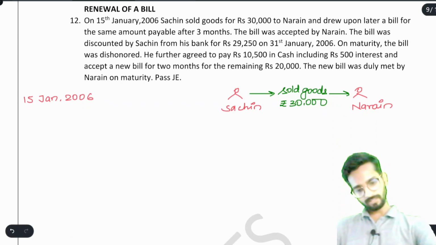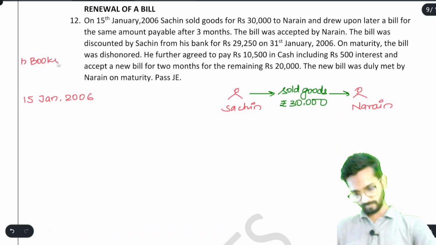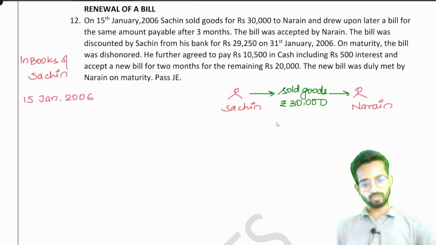So when I have to pass the journal entry in the books of Sachin on 15th January 2006, Sachin will write that he has sold goods to Narayan.